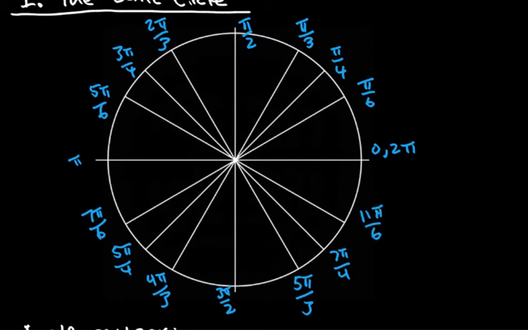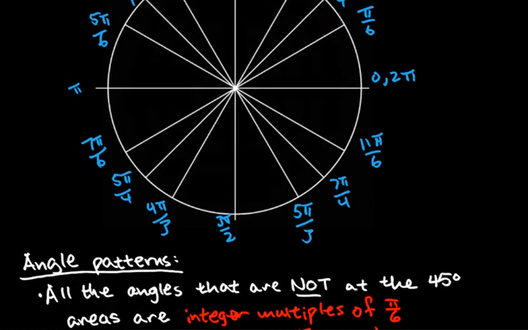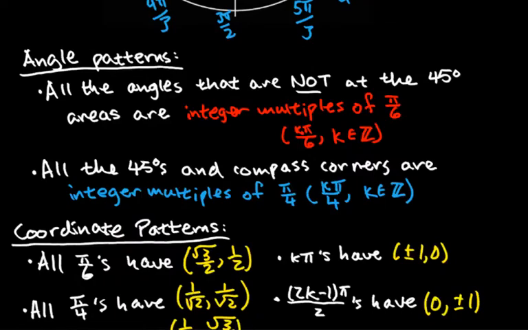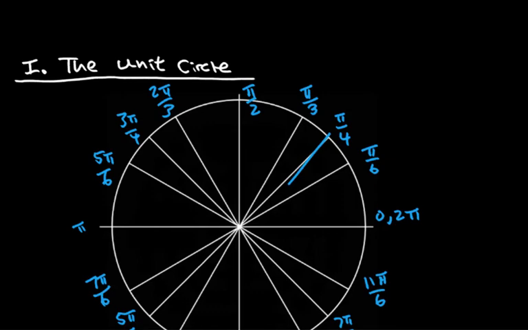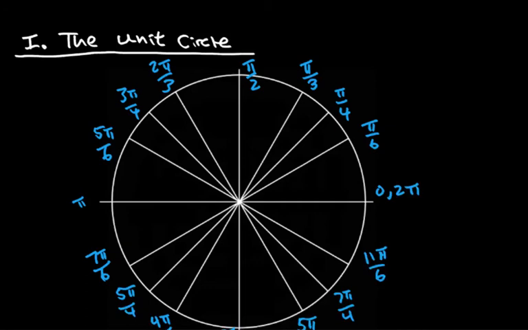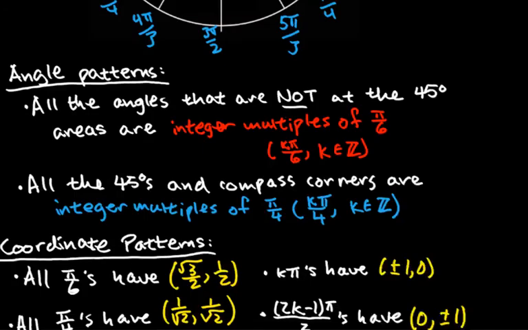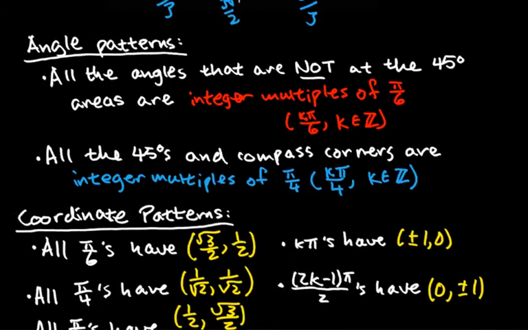Alright, so just a quick little summary. For all the angles that are not at the 45-degree marks, so that's these ones, they are all multiples of pi over 6. Multiples just means you can multiply something to pi over 6, and then you can get it. So I put this notation k pi over 6, where k is an integer.